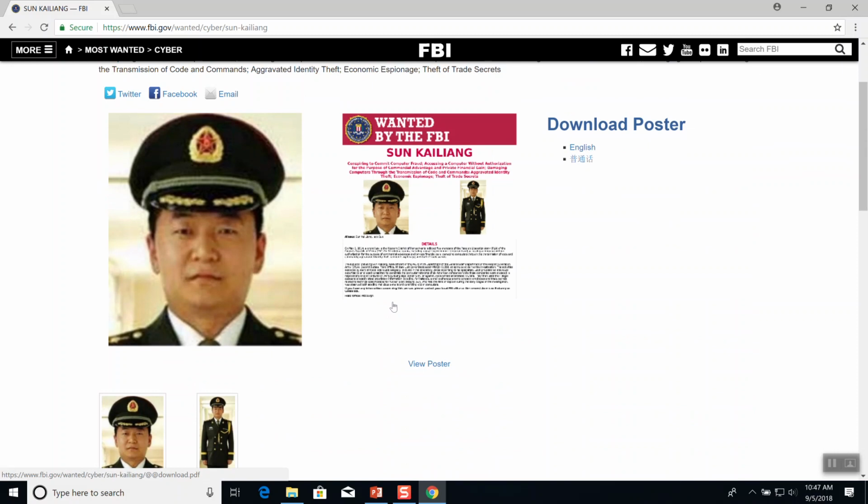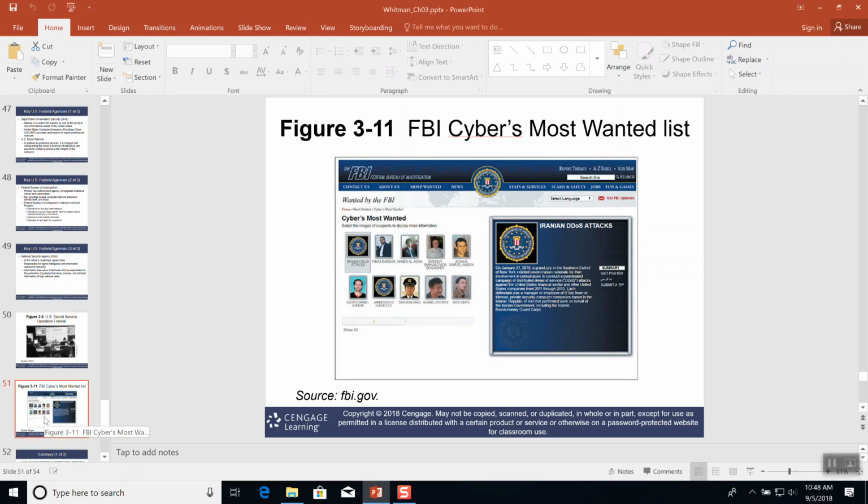I think they're just trying to feel us out and notice our weaknesses, because if you can bring down the computer systems, you can bring down a huge chunk of the United States. Let's keep them from getting to this point. They actually have that person's picture here. I guess they've wanted him for quite a while.